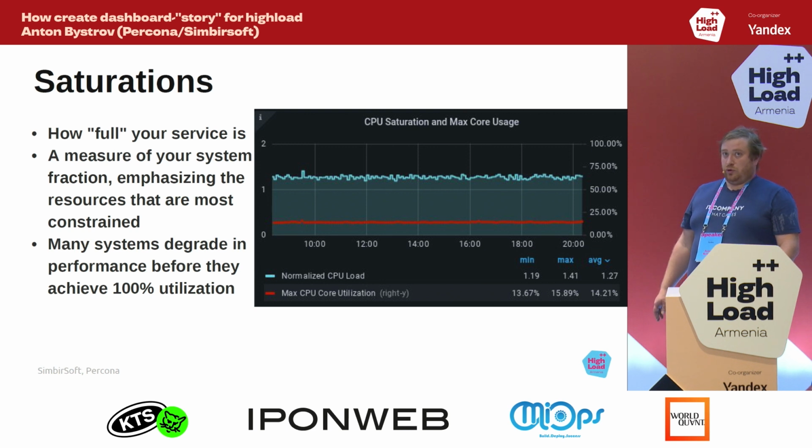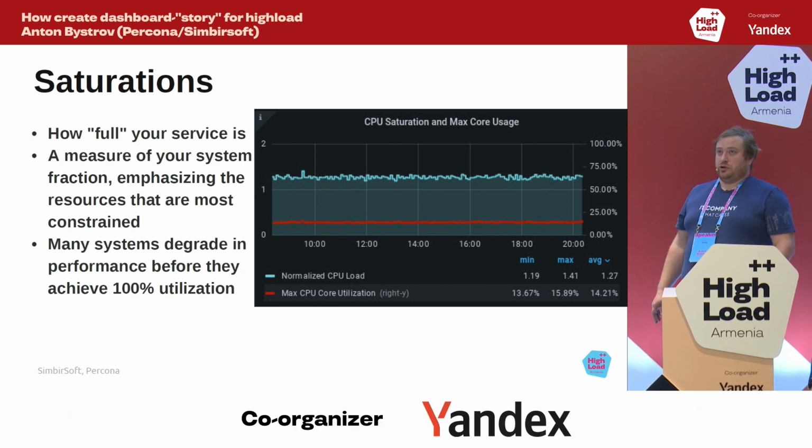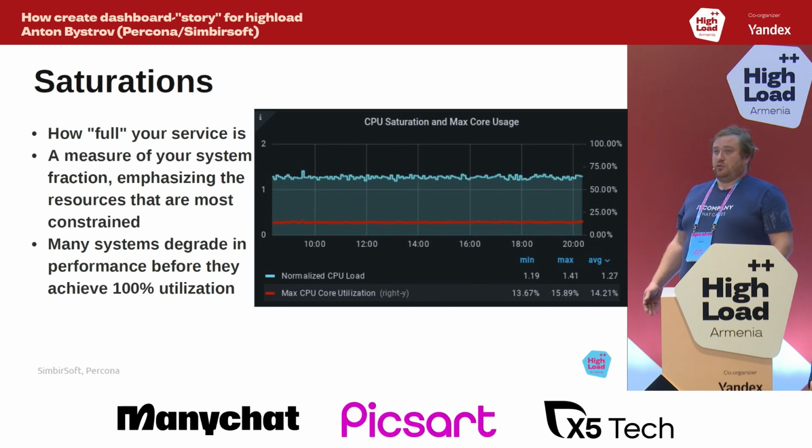It's very important to understand how loaded our system is and how many resources it's using, and sometimes it helps to prevent performance issues, because if a system is about 90 percent or more loaded, it can catch performance issues.